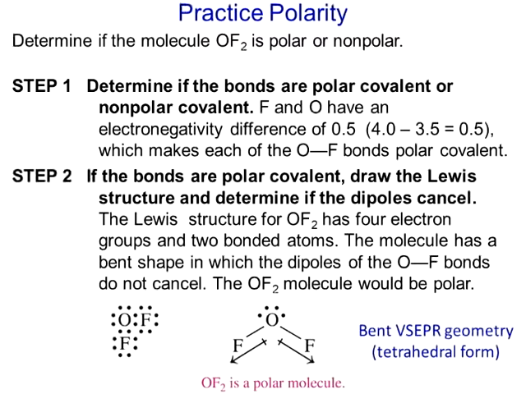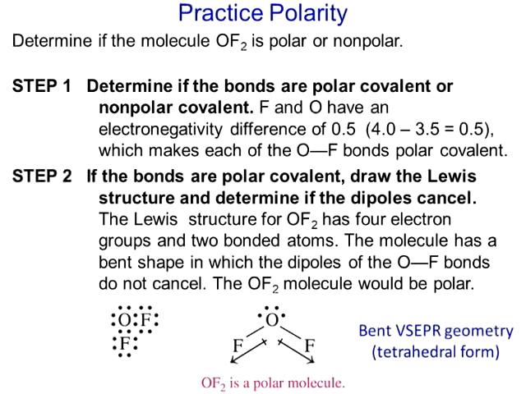When we look at its geometry based upon its VSEPR structure, we find that it is a bent molecule, and it has 2 lone pairs occupying 2 of the groups, 2 of the spaces around the central atom, and 2 fluorines occupying the other 2. And we note that the pull of electrons is in the direction of fluorine.